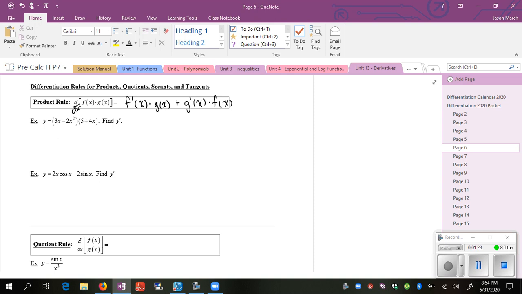So we have the product of two binomials. If we view this as f, and this as g, we're going to get used to this notation of saying f prime g plus g prime f.